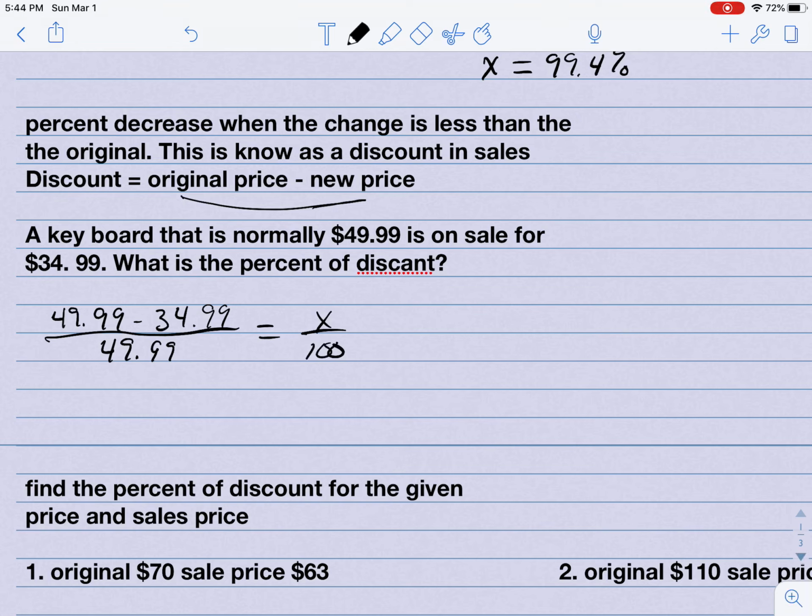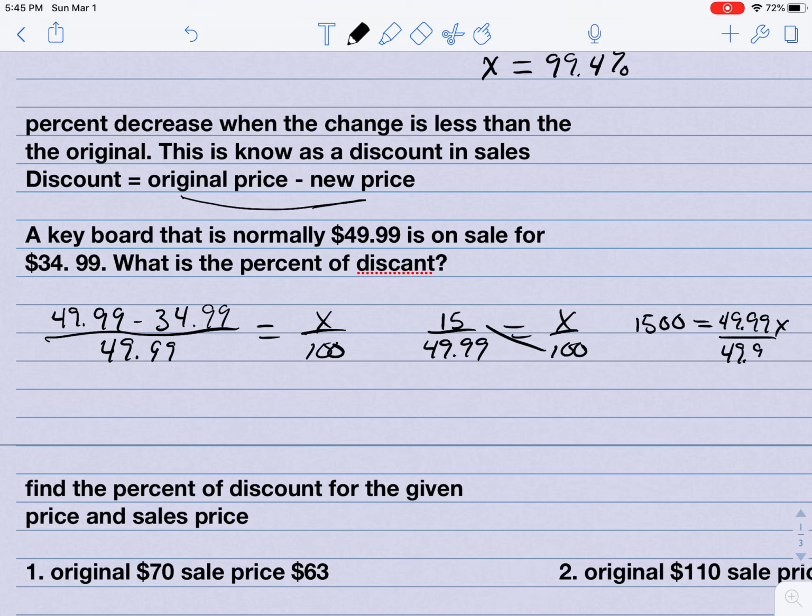And then we can take our cross product and solve. So when we subtract, we get $15 over $49.99, equal to x over 100. And when you take the cross product, you get 15. So 100 times 15 gives us 1,500. And that's going to be equal to $49.99 x.